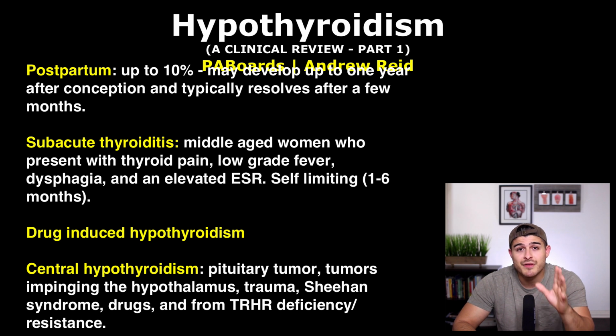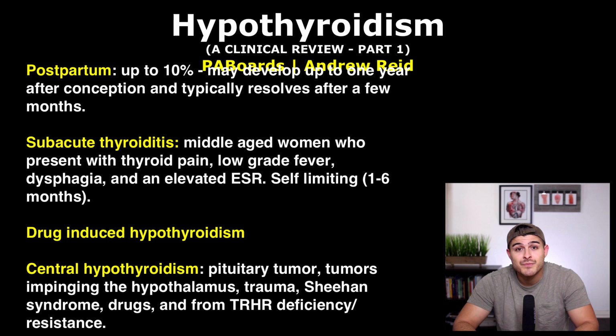So central hypothyroidism really occurs from pituitary tumors that are impinging on the hypothalamus, trauma. We can have Sheehan syndrome. Now, Sheehan syndrome is going to be a postpartum pituitary necrosis. Postpartum pituitary necrosis, Sheehan syndrome, can cause central hypothyroidism.